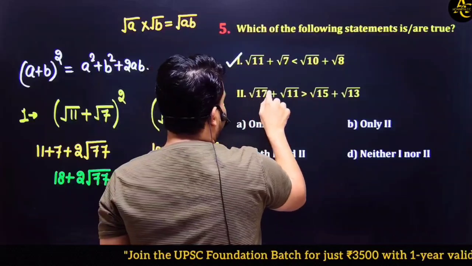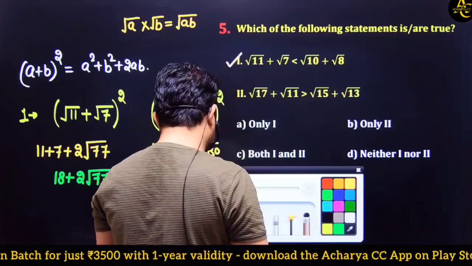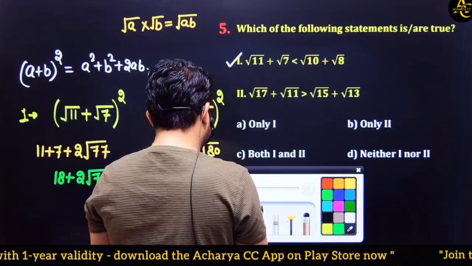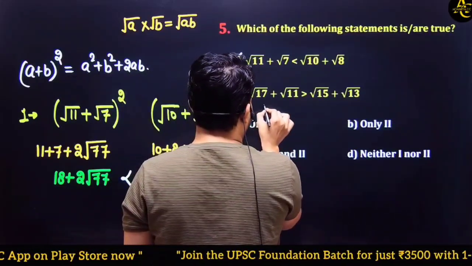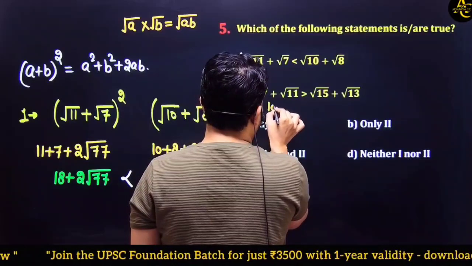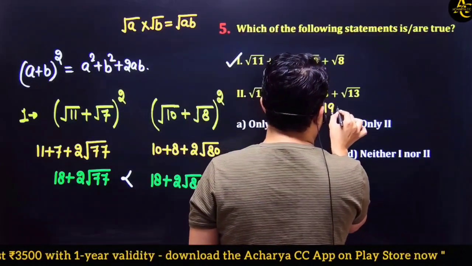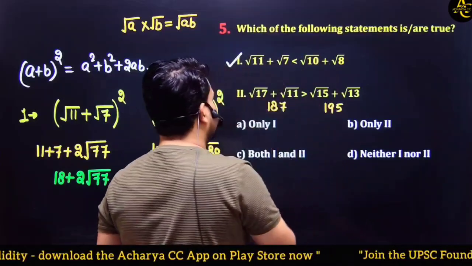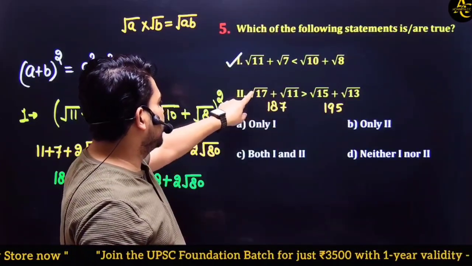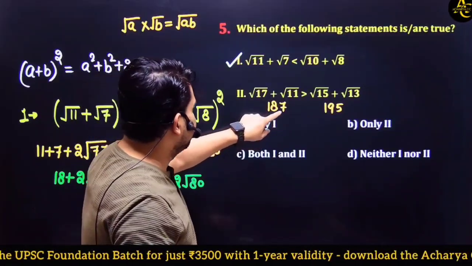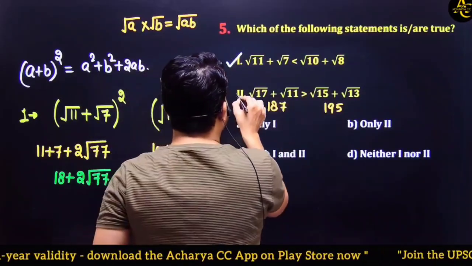See, 17 plus 11 is 28, 15 plus 3 is 28. If I multiply, 17 into 11 is 187, and here it is 195. Root ab, root ab. 187 is smaller than this, so this is an incorrect statement.